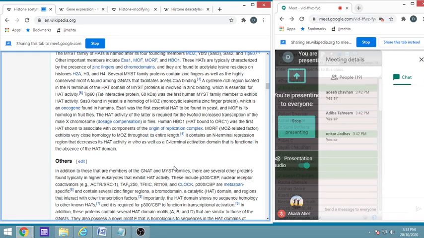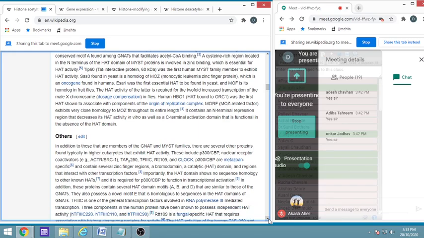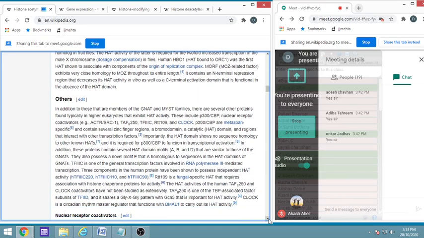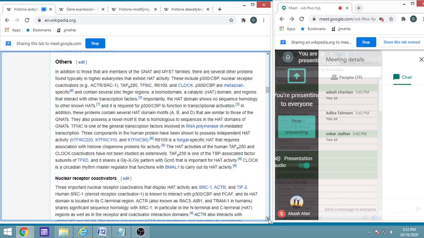There are other proteins apart from these two major families, the MYST family and the previous GNAT family. Other members are typically found in higher eukaryotes and exhibit HAT activities. Again there are many such examples.